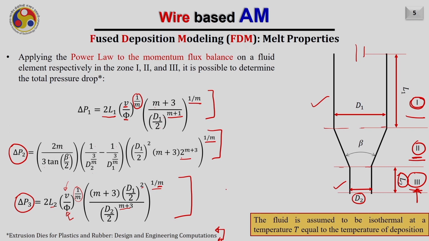What happens when we start the process or we increase the speed in between? For that we have to consider the condition where the temperature will be different at different locations. As this particular pressure drop is applicable only when the isothermal condition has been assumed throughout the melt, it is applicable only in the steady state.